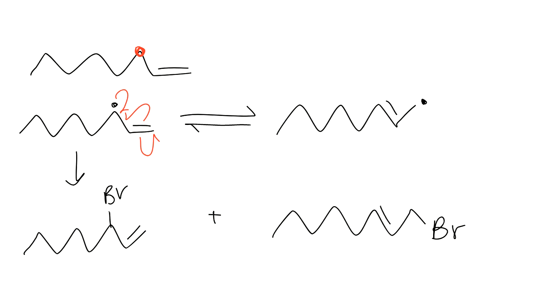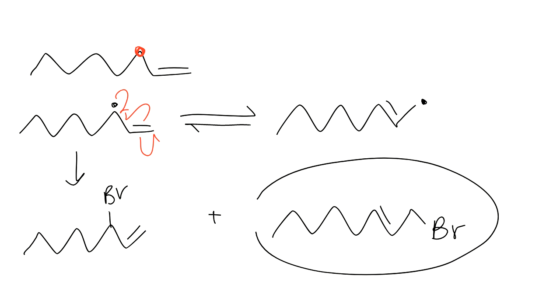So we have two different possibilities here. But this compound on the right is going to be our major product because there is less hindrance. In other words, there's more room for that bromine to go in. Remember, bromine is a pretty big atom compared to a carbon, so it needs its space. It wants to be on the end.